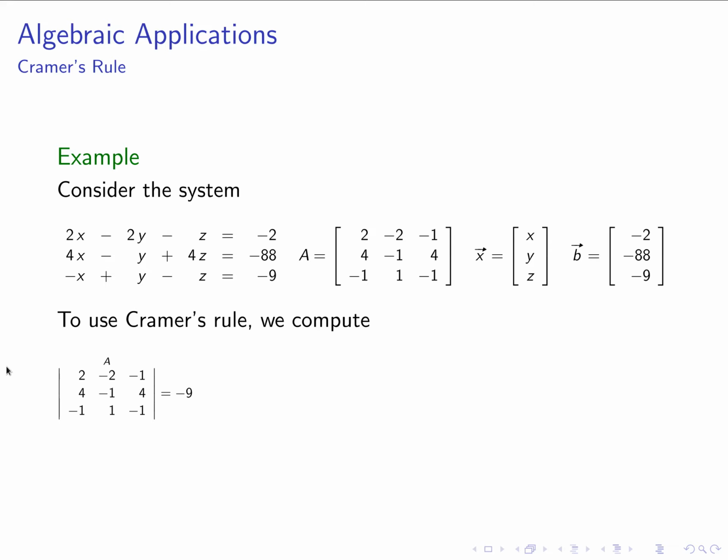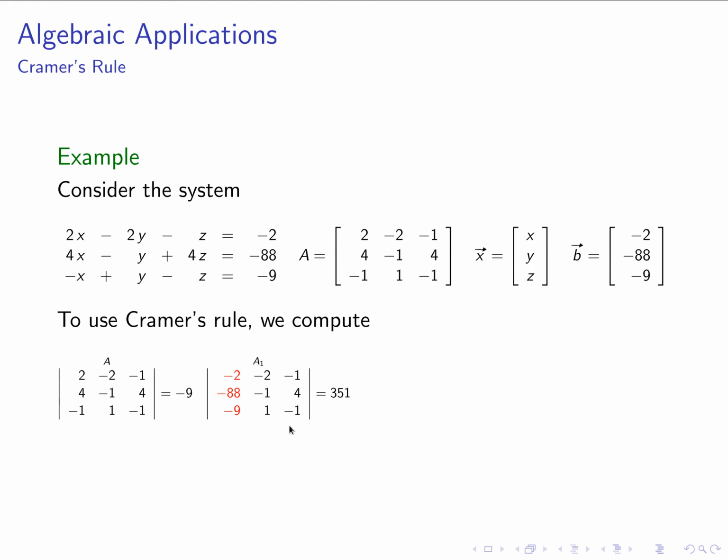To complete Cramer's rule, we need to calculate the determinant of 3 new matrices. We want to take this matrix A and then replace each one of the columns by the vector B and take the resulting determinants. The first matrix to look at is the matrix A sub 1. A sub 1 is obtained by ripping out the first column of A and replacing it with the vector B and then taking a determinant.